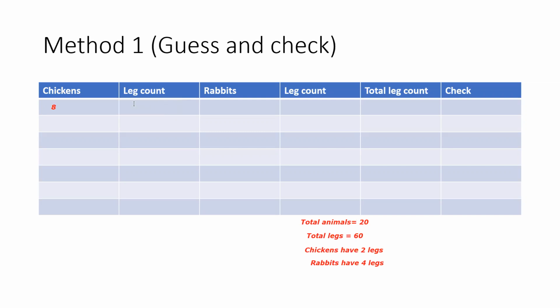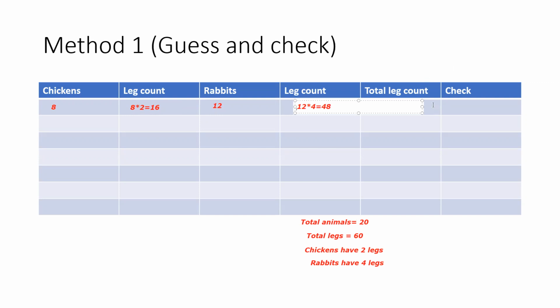The leg count for chickens will be 8 times 2 equals 16. For rabbits, since total animals equals 20 and there are 8 chickens, rabbits will equal 12. So 12 times 4, rabbits have 4 legs, equals 48.